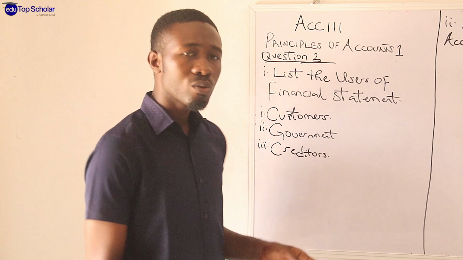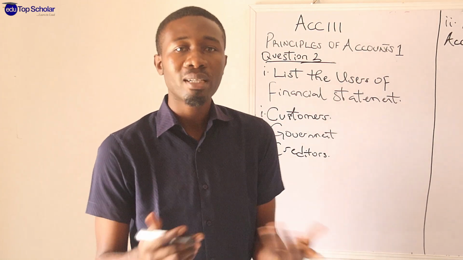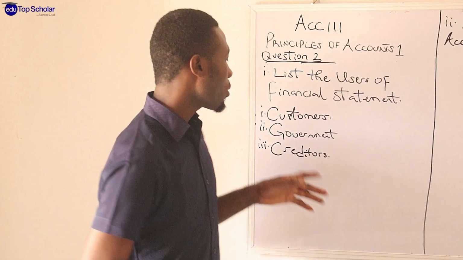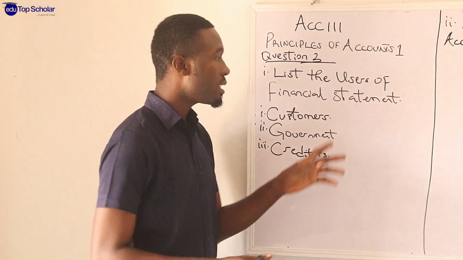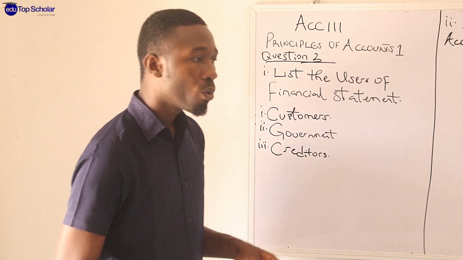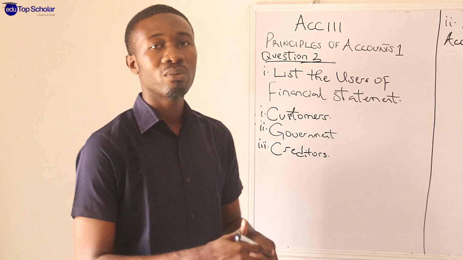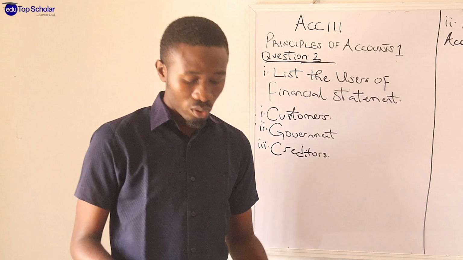So in that case, they want to see if this company can pay back our debts or they cannot pay back our debts. So creditors are interested in the financial statements of entities in order to know whether they can get back what they have loaned them or they would not.